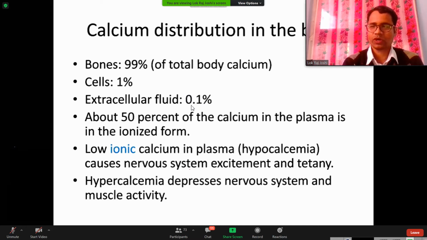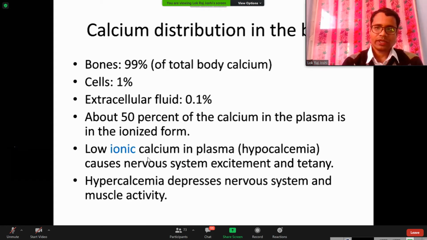Though it is only 0.1%, it is the main determinant of regulation. And even out of the calcium present in extracellular fluid, about 50% is in the ionized form. Means half of it is ionized and half is bound to some proteins or some other ions like phosphates.